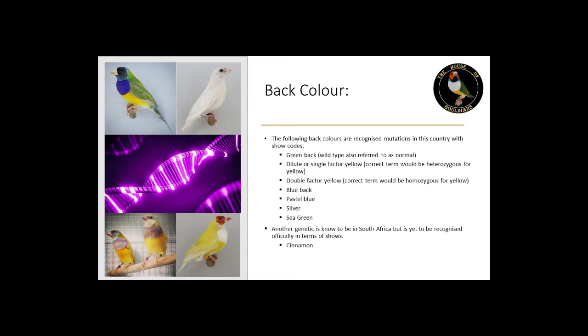In the blue series you get the blueback, the pastel and the silver. We'll deal in more detail with pastel and the silver, as it's actually a combination of different genes. It's not actually separate mutations. You then get a sea green mutation that is recognized.